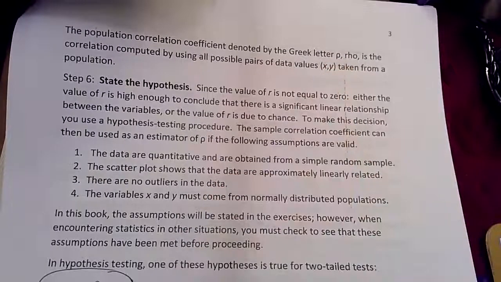If the following assumptions are valid: the data are quantitative and are obtained from a simple random sample, very important. Number 2, the scatter plot shows that the data are approximately linearly related. Okay, and that was kind of what was happening, remember, on our scatter plot. It's kind of showing that. Number 3, there are no outliers in the data.